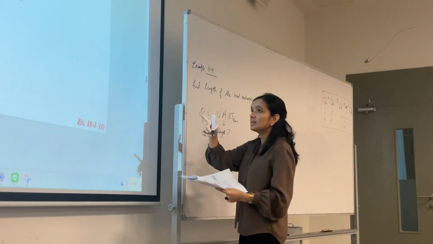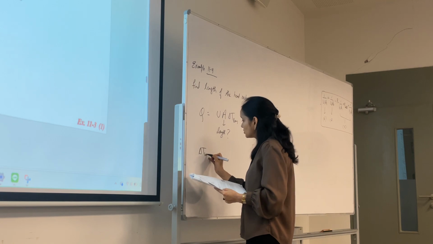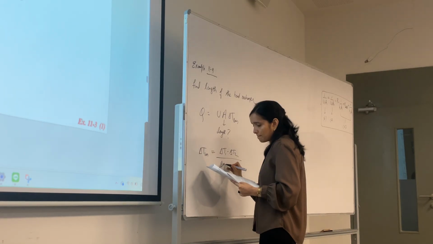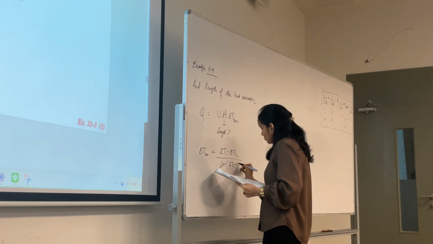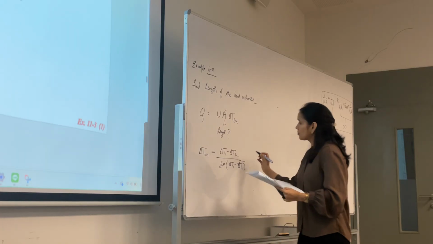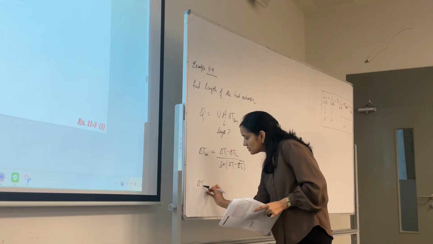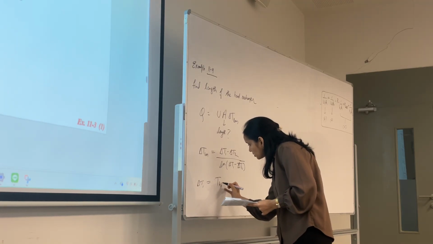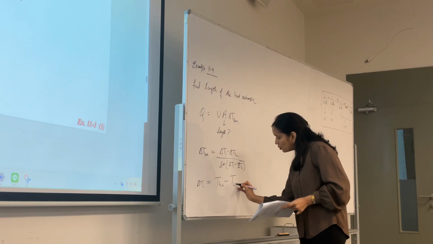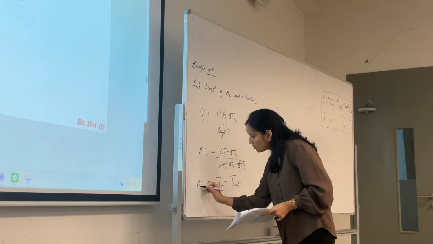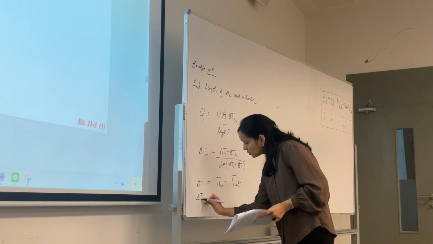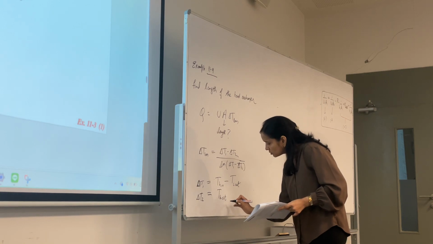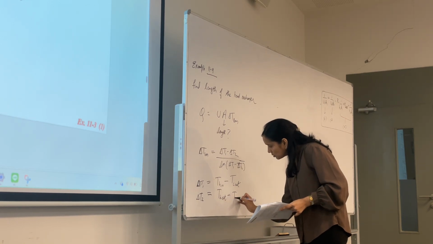We know this is a counter flow again. In counter flow we know ΔT1 is hot in minus cold out, and ΔT2 is hot out minus cold in.